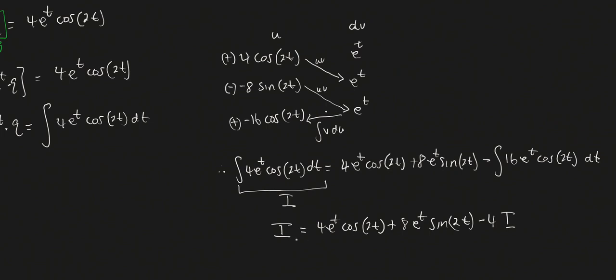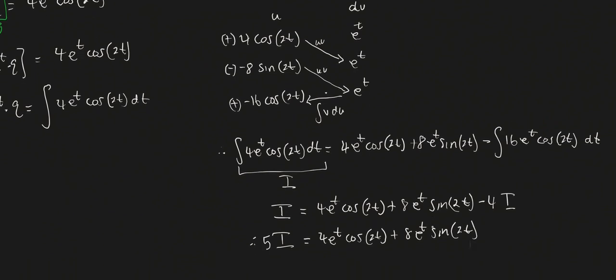And then I can go ahead and solve for I. Let me not skip this step. Adding 4I to both sides, I have 5I there. And then I will still have the 4e to the t cosine of 2t plus 8e to the t sine of 2t.